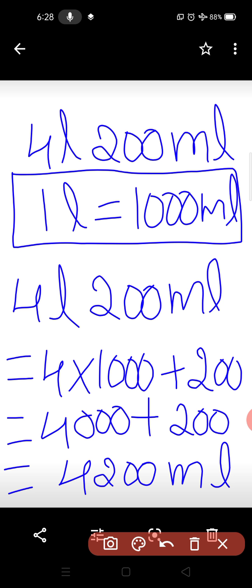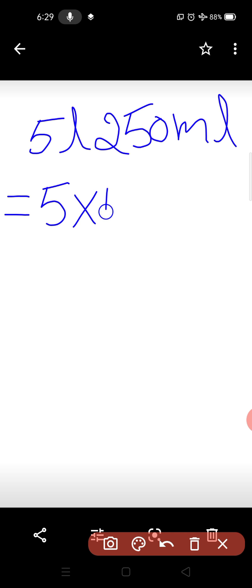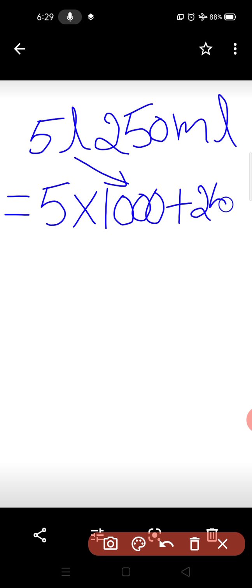In the same way, if you take 5 liters 250 milliliters, we can convert 5 into 1000 because 1 liter is equals to 1000 milliliters, and 250 milliliters we will write as it is.